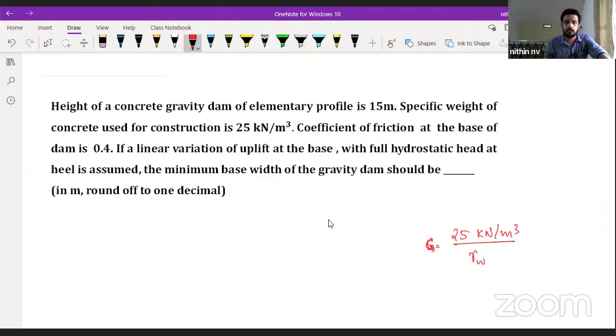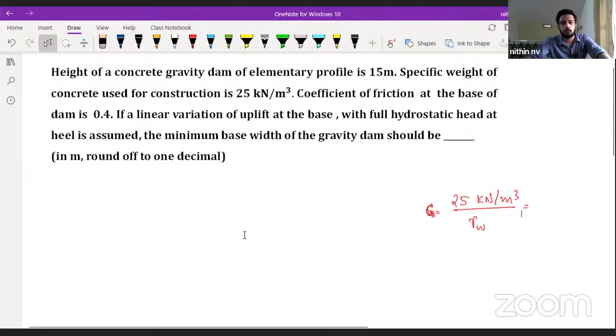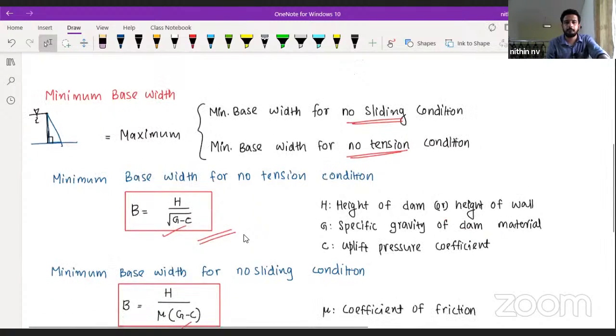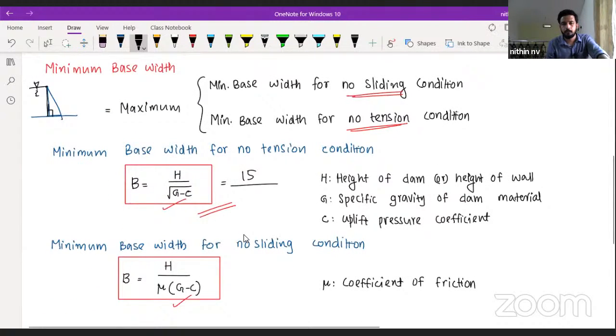Whether they have given anything? No. In case if they are giving that it is assumed to be 10 kilonewton per meter cube, we can take 10 or take 9.81. So if I am substituting it here itself, 15 divided by root of 25 divided by 9.81.